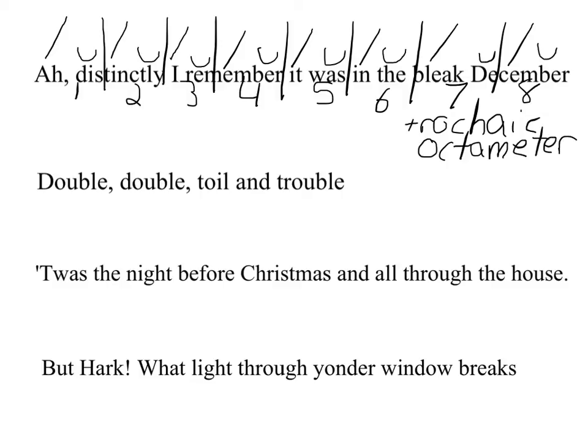Next sentence. Double, double, toil, and trouble. Now, toil's a tricky word. Toil's only one syllable. It's a strong one, though. Trouble. And the same goes for double. You wouldn't say double, double, toil and trouble.